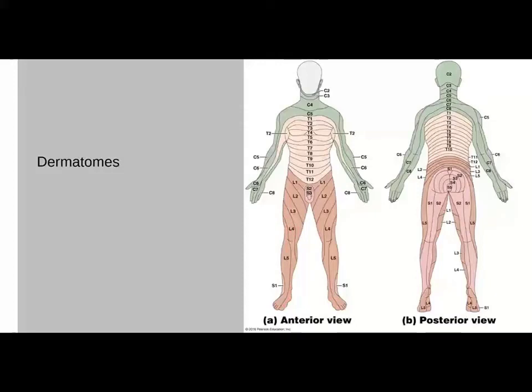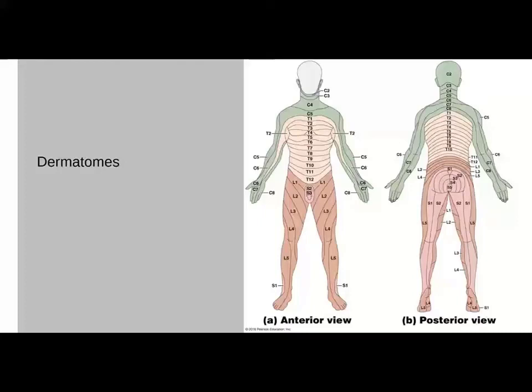So what this is telling us is, in a clinical setting, if someone has damage, say a pinched nerve or something, we can narrow it down. If we poke this portion of the arm right here, and the patient doesn't feel any sensation, that's a good guess that C5 is damaged.